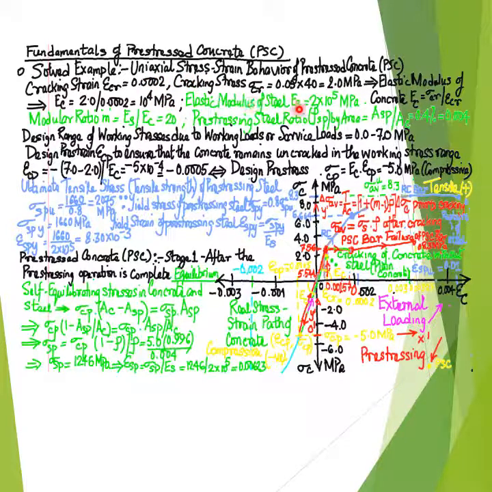Further, the elastic modulus of steel, that is more or less a universal constant denoted as ES, has also been given in the question statement of the illustrative numerical example presented in the previous slide as 2 into 10 to power 5 MPa.